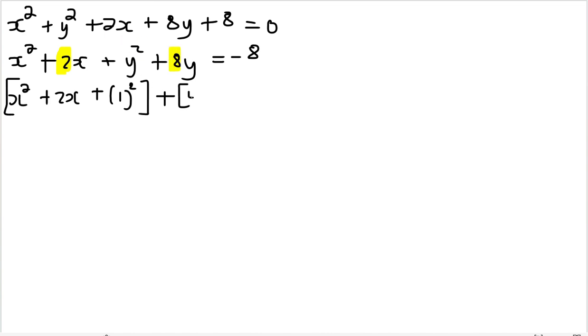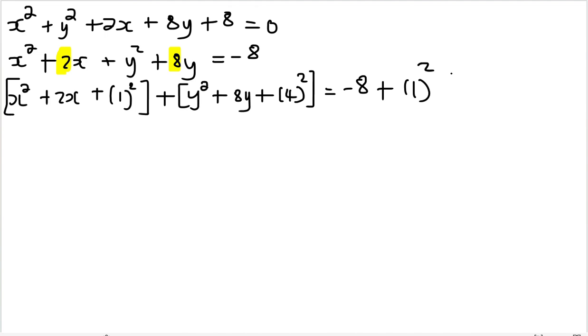Then this is gonna be y squared plus 8y plus half of 8 is 4, right? So I'm gonna add 4 squared both sides, right? And then now this becomes negative 8. Whatever I've added on the left, I'm gonna add on the right. So I'm gonna add 1 squared this side, I'm also gonna add 4 squared this side.